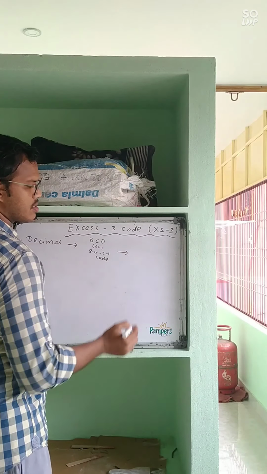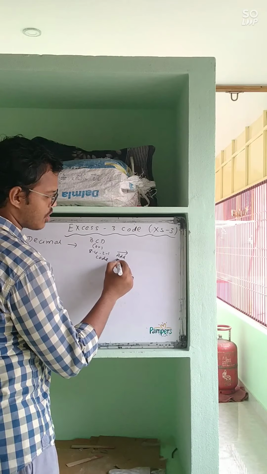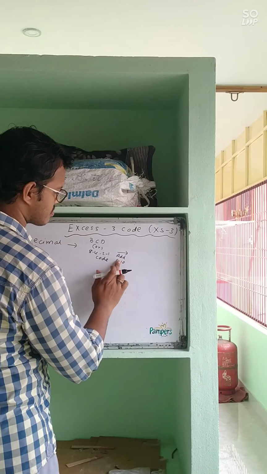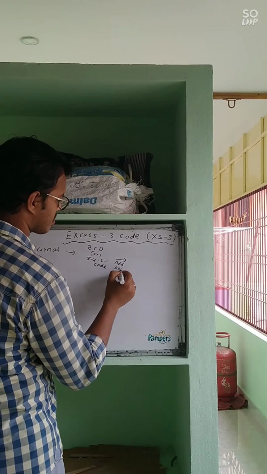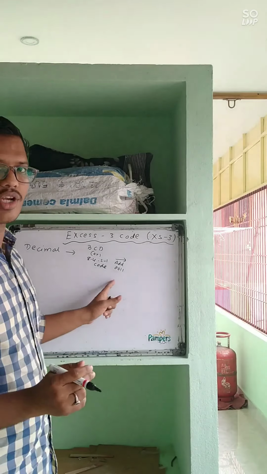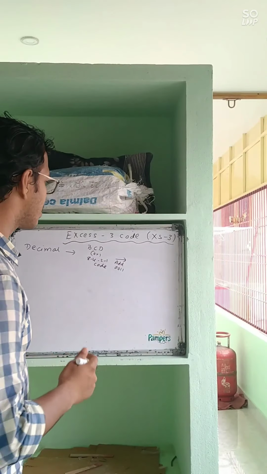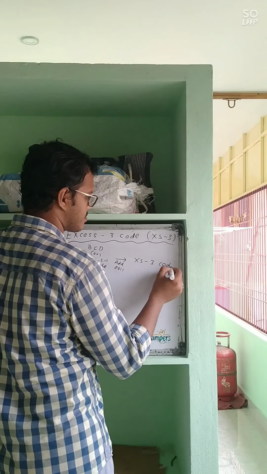Then convert and add 3 to it. Add 3 to the BCD. Then you get the excess 3 code. Okay.